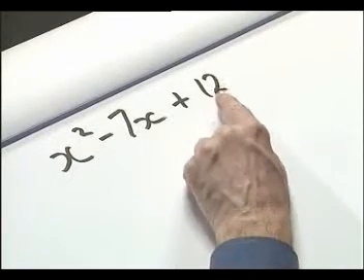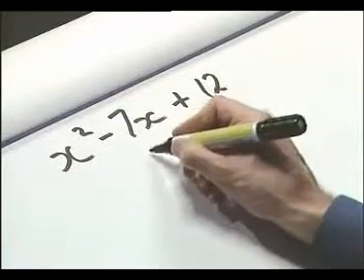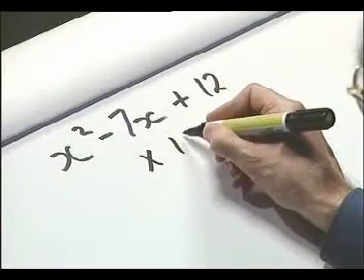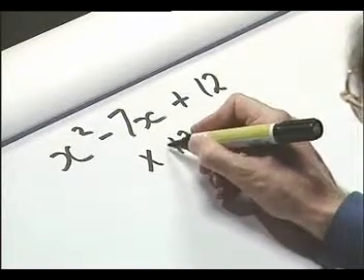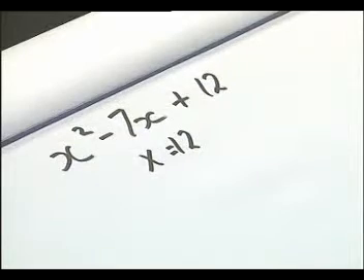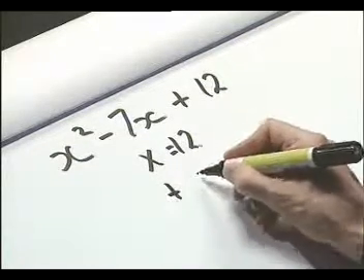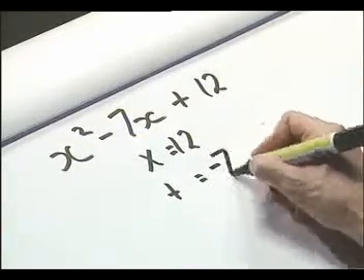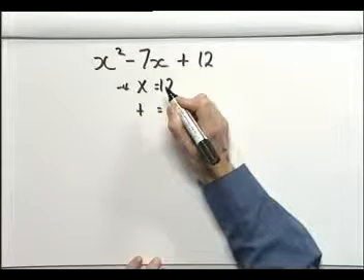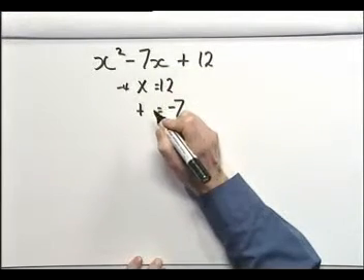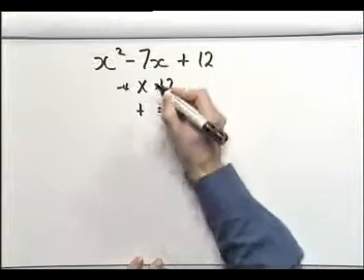So we want two numbers that will multiply together to give us 12, and will add together to give us minus 7. Minus 4 times minus 3 is 12, and minus 4 plus minus 3 gives us minus 7.